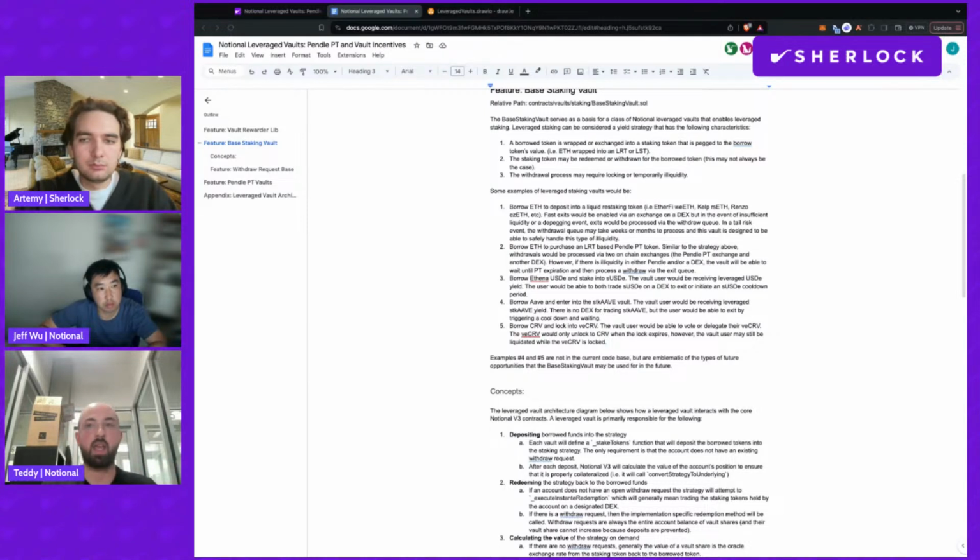During this period, or even prior to that, it might be impossible to liquidate the asset because it is not tradable, or there's not sufficient liquidity. Part of the reason these staking vaults exist is to enable us to lever up on these assets, which are not instantly liquidatable, right? So there's this period of time between when you want to get out and when you're actually able to get out.